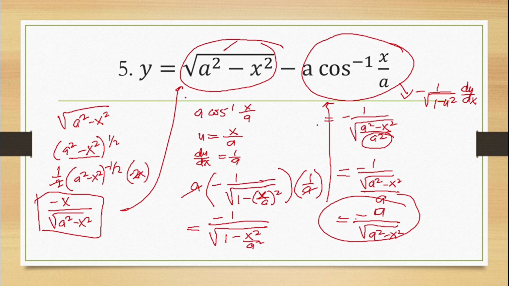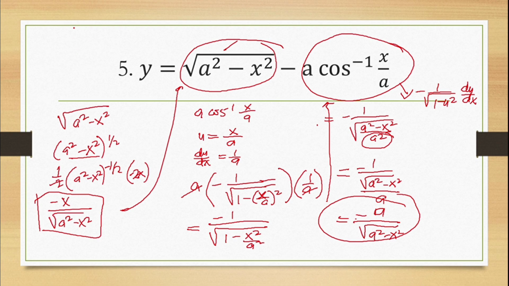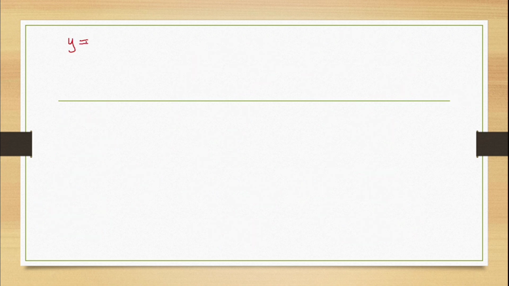And this is also the derivative. We have to copy this part in order to get the full derivative of number 5. So we have here, copy first, y is equal to, okay, so y is equal to, the given here is the square root of a squared minus x squared minus a cosine, inverse cosine of x over a.